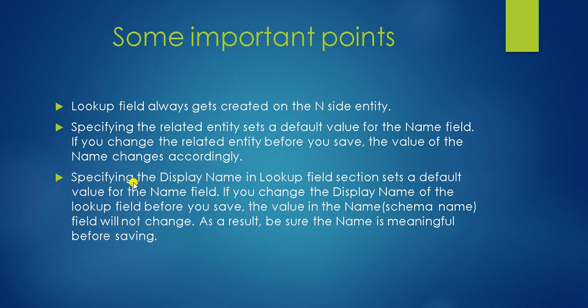Specifying the display name in the lookup field section sets a default value of the name field. If you change the display name of the lookup field before you save, the value in the name will not change. This will be the schema name for the lookup field, so be sure the name is meaningful before saving. So this is all about relationships in Dynamics 365.